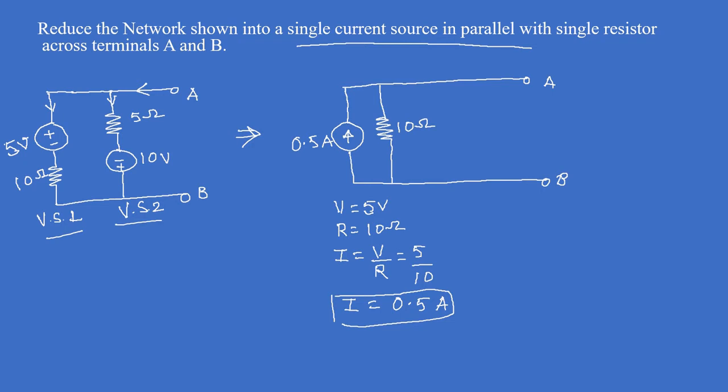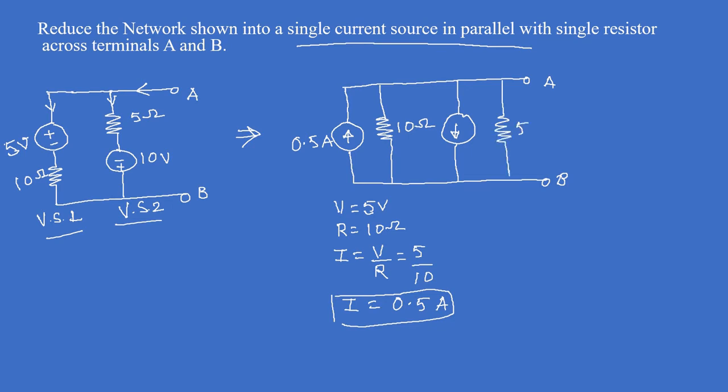In a similar way, I will convert this 10 volt source into its equivalent current source. This will be like this. Now the arrow is coming downward. Why is the arrow coming downward? Because the polarity is negative, positive, so current is flowing from positive to negative. The resistance will be the same, whose value is 5 ohm.